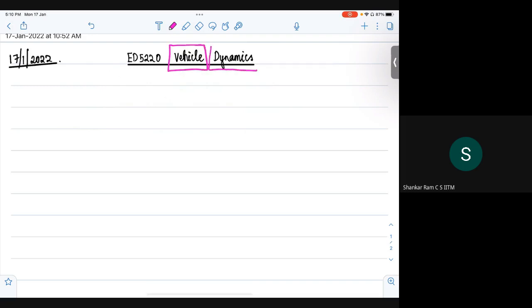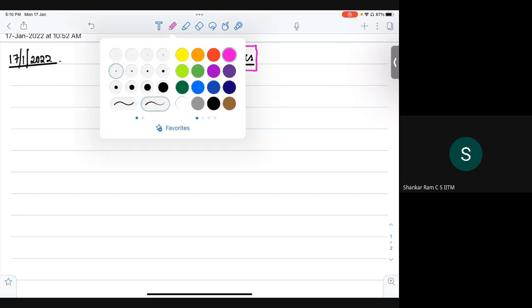I'm sure all of us understand these two words, and we have a sense of what the term vehicle dynamics is about. We are essentially going to study the dynamic response of road vehicles in this course, and I'm going to narrow down the scope of our study as we start our discussions.